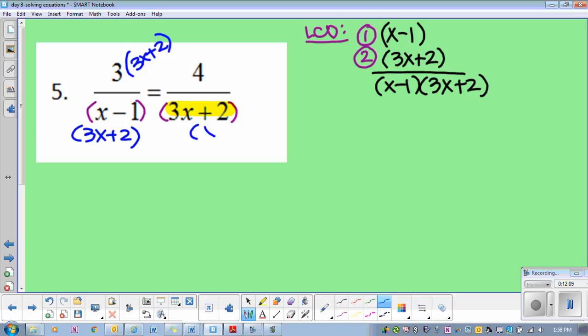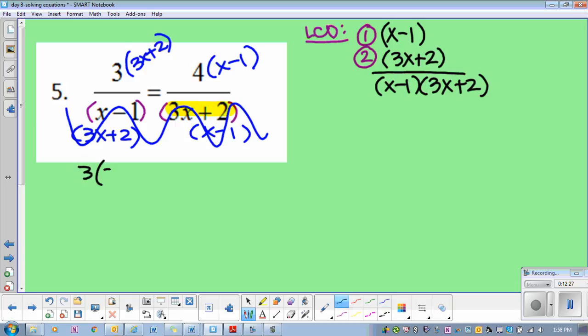Good. X minus 1. So whatever I multiply on the bottom, I have to multiply on the top. Let's do this fun part. You got to cross out the bottom. And then let's rewrite this. 3 times 3x plus 2 equals 4 times x minus 1.